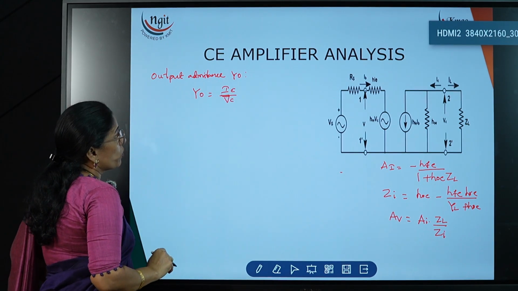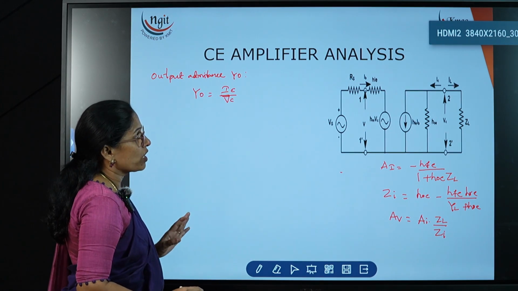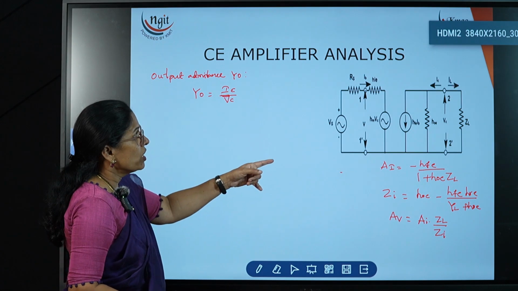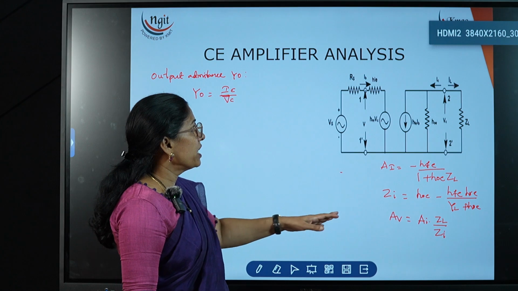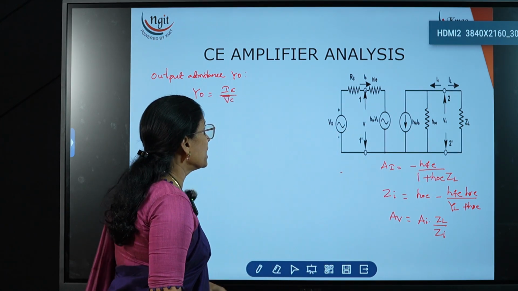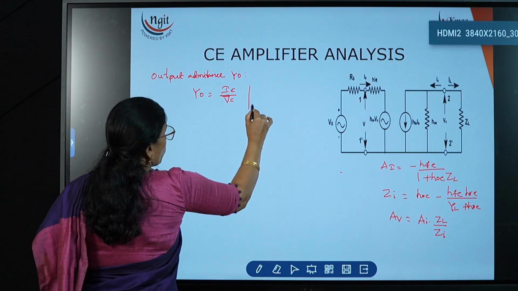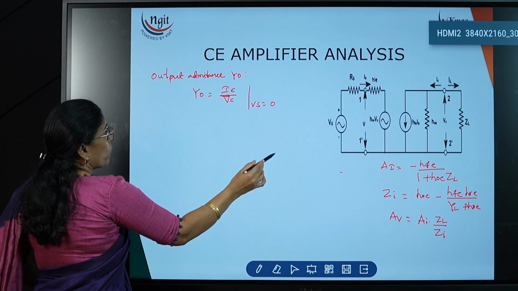Now take the output expression. Whenever we are calculating the output admittance or output impedance, we need to remove the load, and the input source we need to make 0. So by keeping Vs equal to 0, what is the input expression?